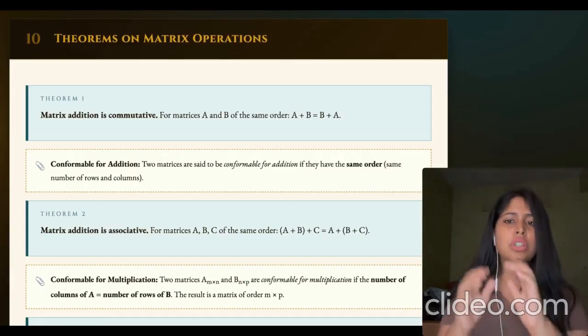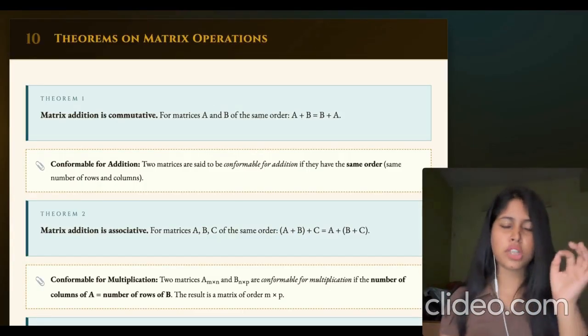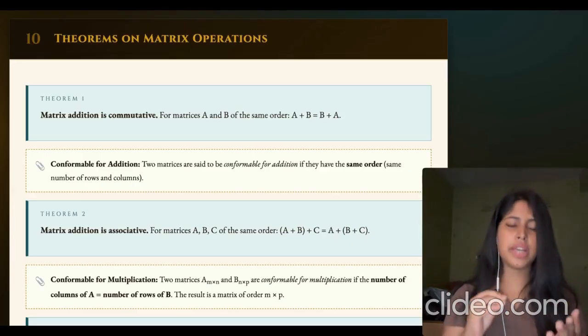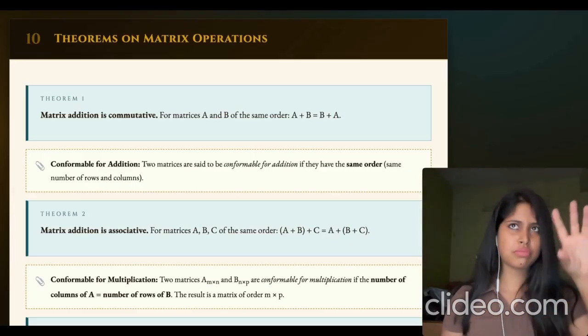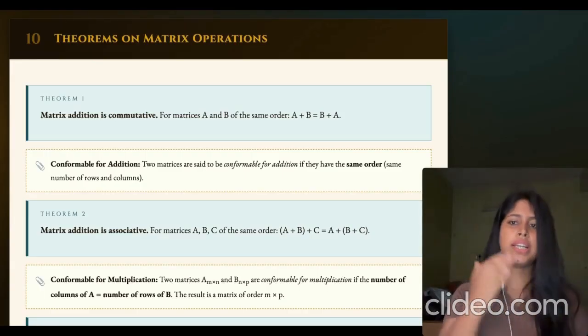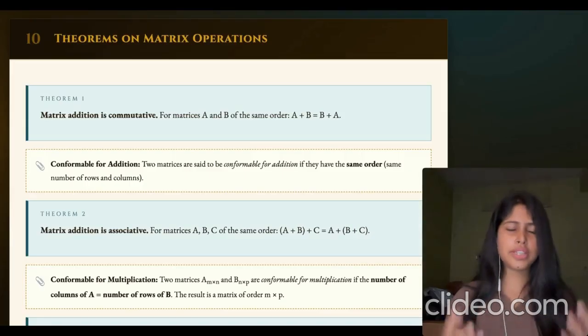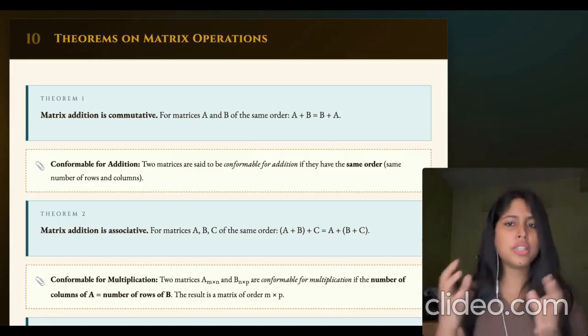So this is important, and if you do not know this, please write what I am saying. The subscript of the first matrix, let us say A, is m cross n, and the other matrix B has the subscript n cross p. Then it will be valid only when the number of columns of A is equal to the number of rows of B. Then the order of the result will be m cross p.